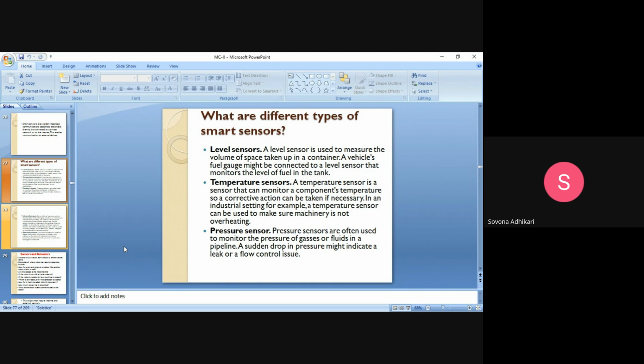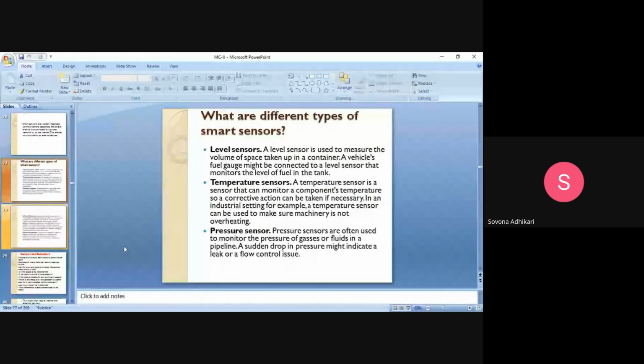If the fuel is going to be empty, it informs the rider that you have to fill up now. Similarly, suppose the water tank is on your roof and the motor is going on. When the water is filled up, the level sensor senses it and automatically stops the motor, so there is no wastage or overflow of water.